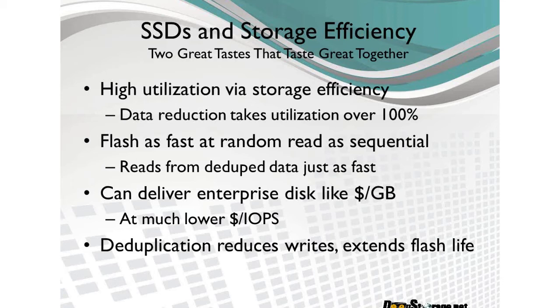So if we can get 3, 4, 5 to 1 greater efficiency out of the system, then we could deliver performance substantially better than a system based on 15K RPM drives at a cost comparable to that system based on 15K RPM drives. Deduplication, because it reduces the amount of data that you're writing, extends flash life.